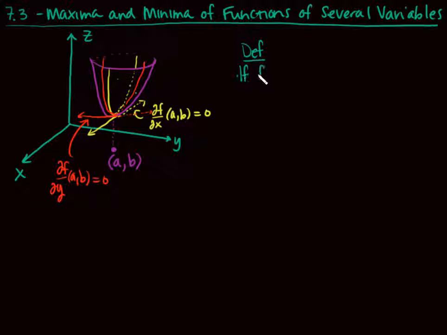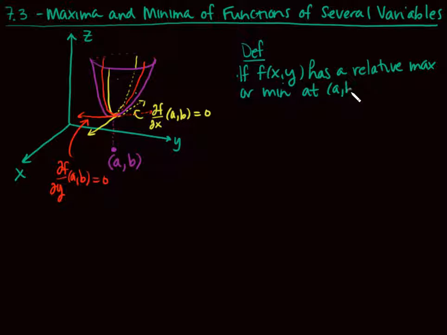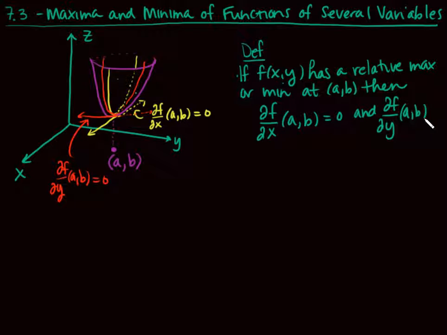We found that if f of x, y has a relative max or min, because these don't have to be absolute, at (a, b), then we know that the partial of f with respect to x at that point is 0, and the partial of f with respect to y at that point is also 0.